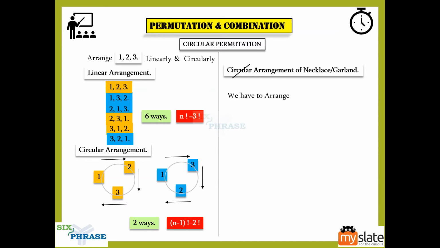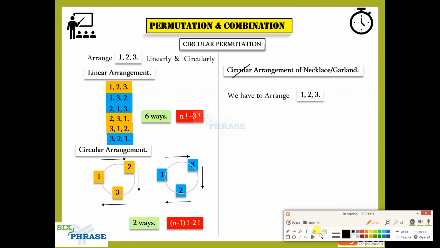Okay, so if we had to arrange 1 2 3 where 1 2 3 are identical, guys, maybe you can change this as 1 1 1. Okay, so instead of 1 2 3, change this to 1 1 1. Now you'll understand it better.